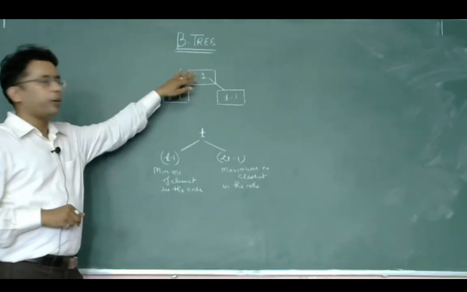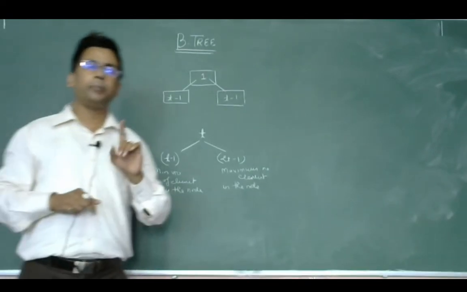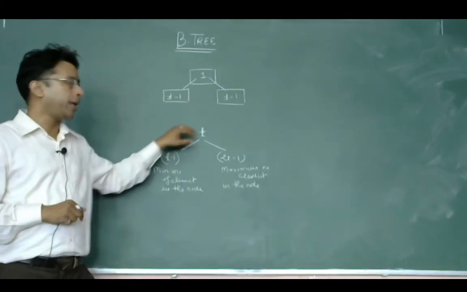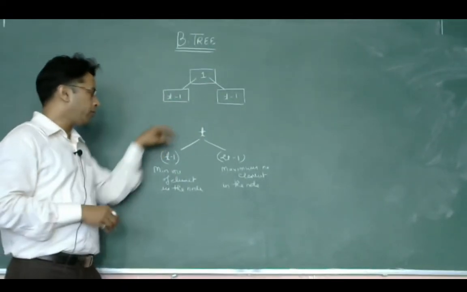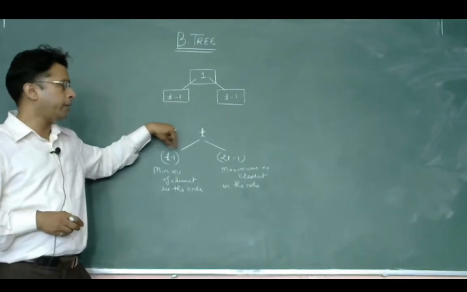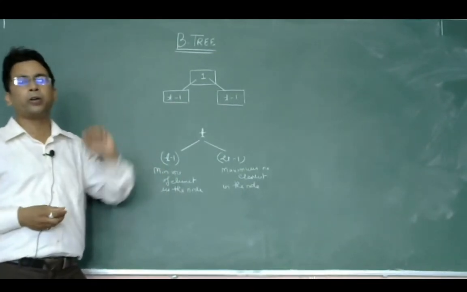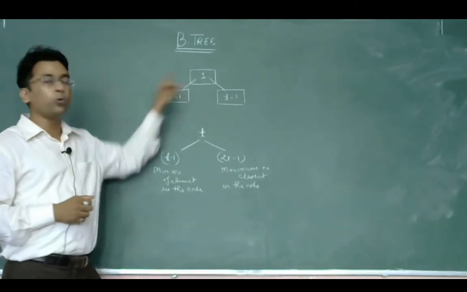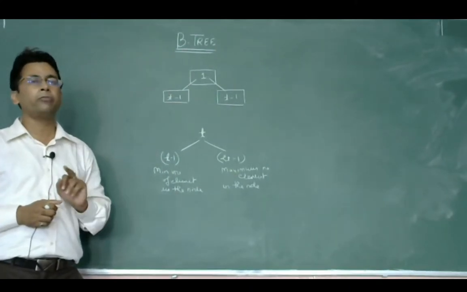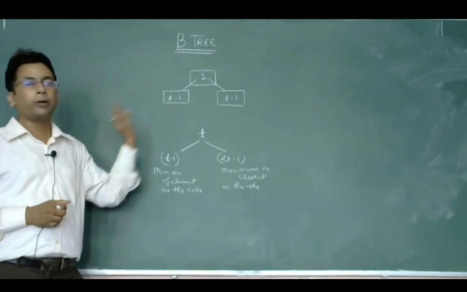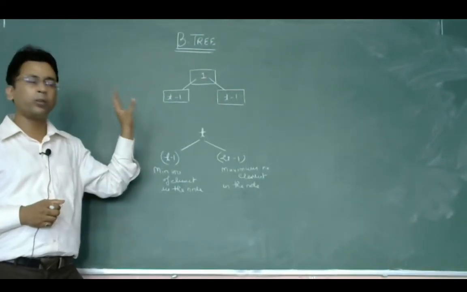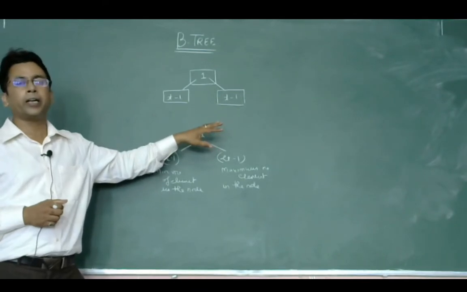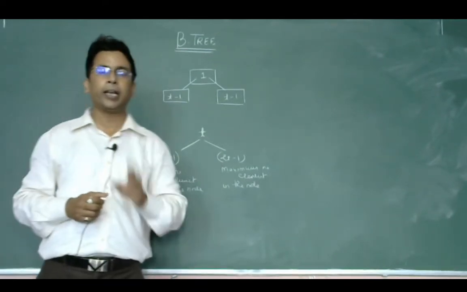But when I say a B tree is of degree t, then any node can have between t minus 1 to 2t minus 1 number of elements. Okay, and the root node is the exception. It can have a single element also. Besides the root node, all the other nodes satisfy this criteria, but the root node can have a single element.